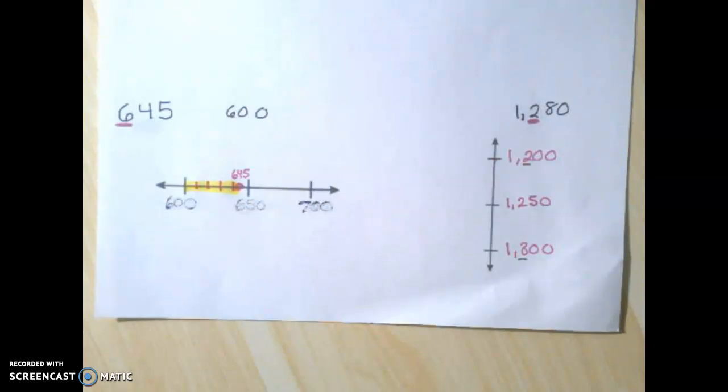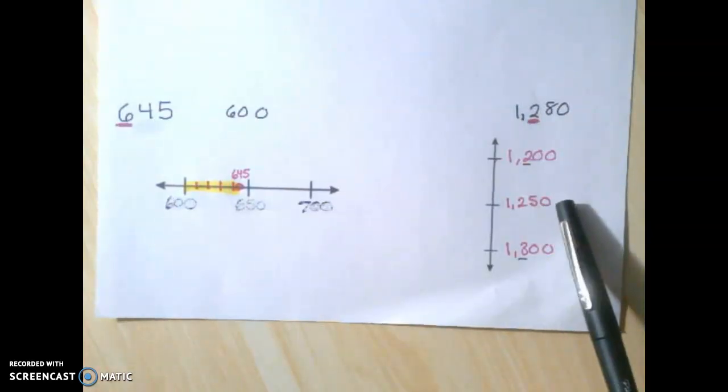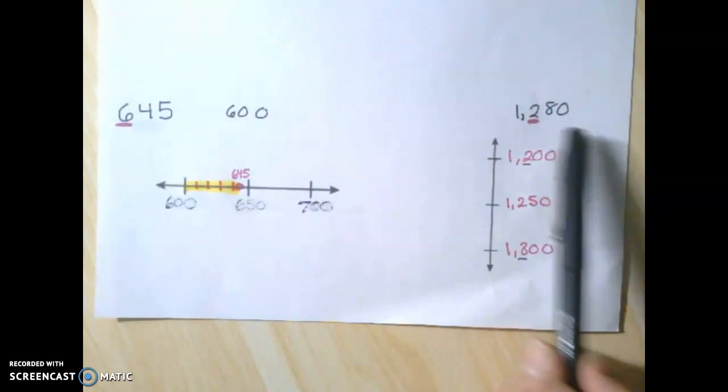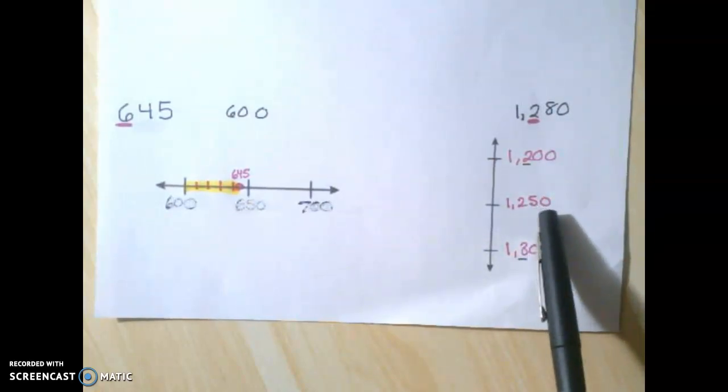Now by looking at my number, I can see if 1,280 is less than or greater than my midpoint. Again, I'm going to use this midpoint as a guide. So is 1,280 less than or greater than my midpoint? Good. 1,280 is more than 1,250.